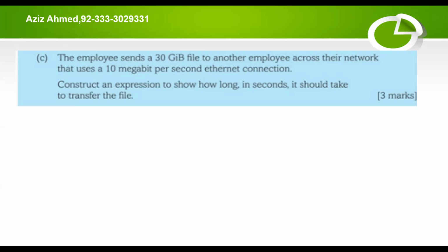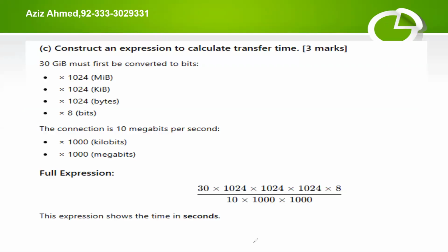Okay, see here: construct an expression to calculate transfer time. The 30 GB must first be converted to bits. So 1024 megabytes, 1024 kilobytes, 1024 bytes, and 8 bits.